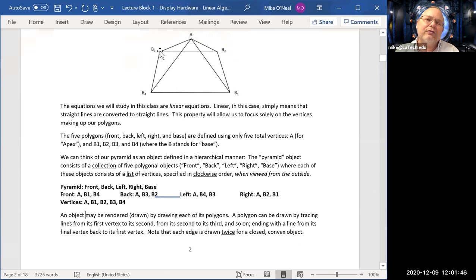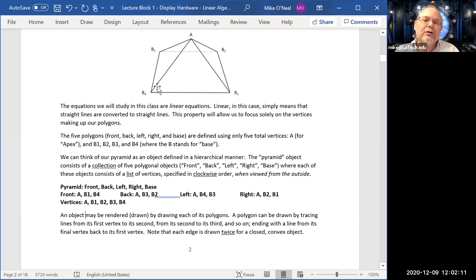I have been saying over and over that the base here is square. But if you look carefully, I've actually drawn this as a, oh gosh, what do you call it? It's not a square. These edges are at a slight angle. It's a trapezoid. Thank you.